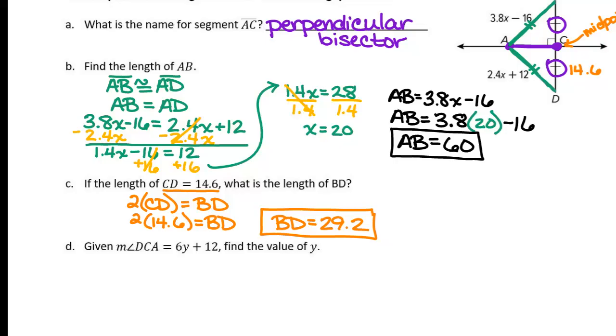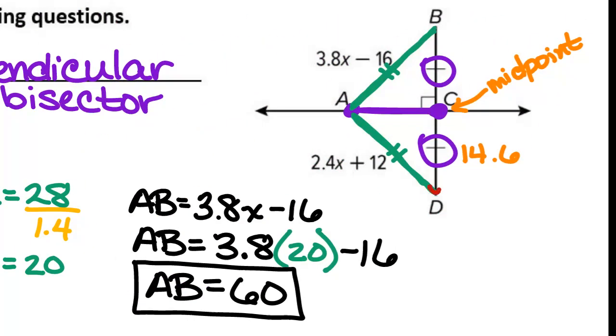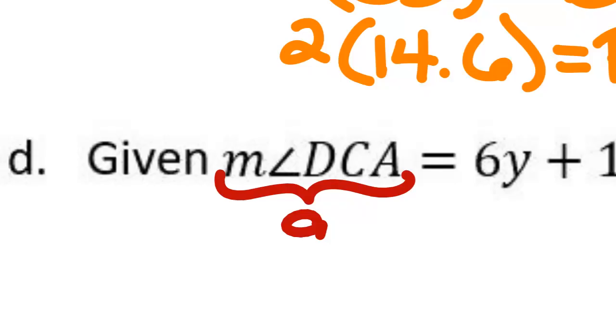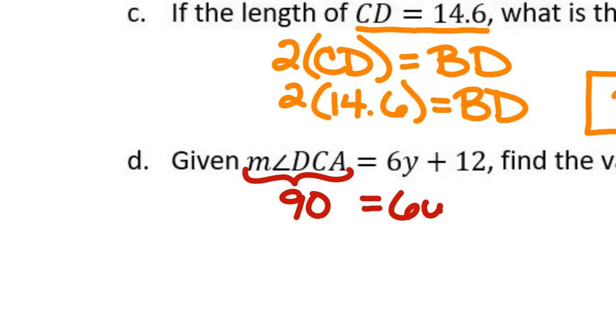Last part of this question, it says the measurement of angle DCA. D to C, and then up to A. How big is that angle right there? 90 degrees. So I'm going to replace the measurement of the angle with what its measurement actually is: 90 equals 6y plus 12.